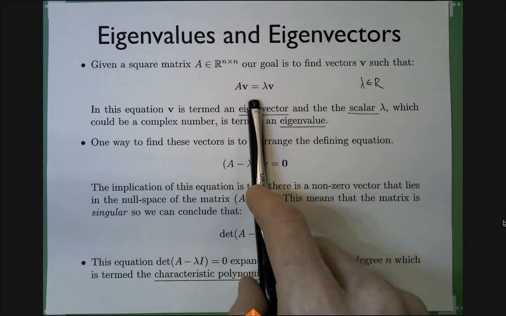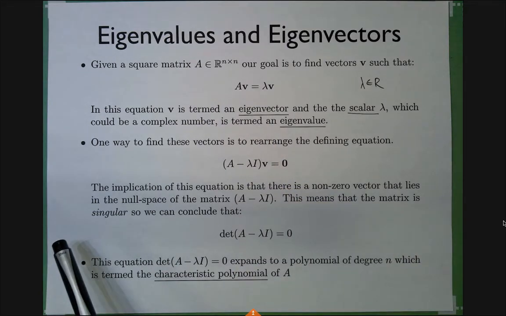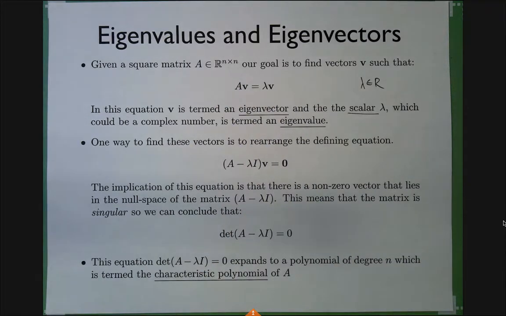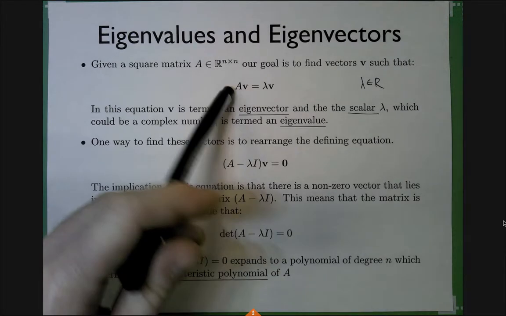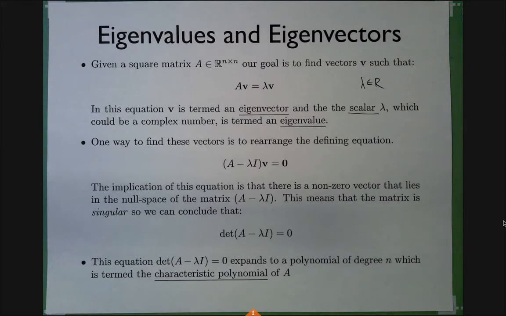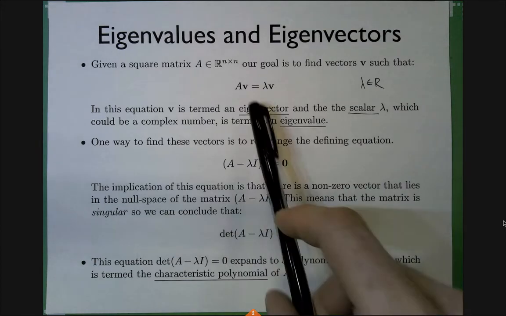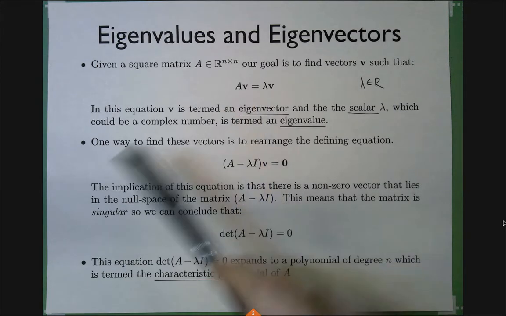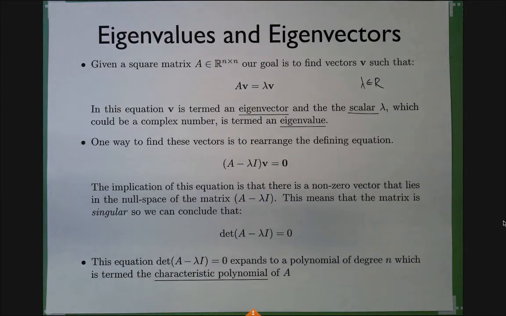First of all, think about it. What does it mean geometrically? Just this equation. What is A times V and what is lambda times V if you give it a geometric interpretation? A is an arbitrary square matrix. So how would we interpret the left-hand side? A times V is applying the action of the matrix on the vector V, right?